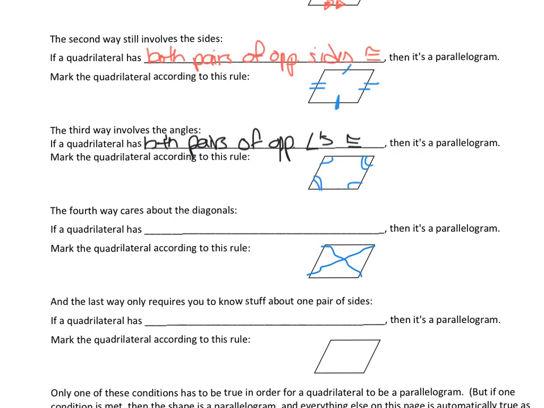But those 2 diagonals there, we measured and we found that this and this were congruent to each other, and these 2 side lengths here were congruent to each other. In other words, those 2 diagonals bisect each other, or this point where they cross was right in the middle of both of those. So if a quadrilateral has diagonals that bisect each other, then I know I have a parallelogram.